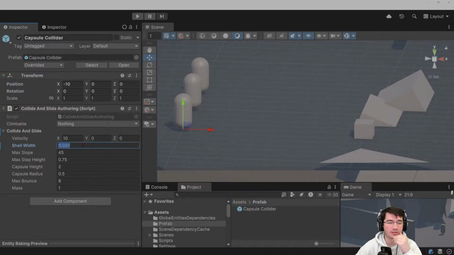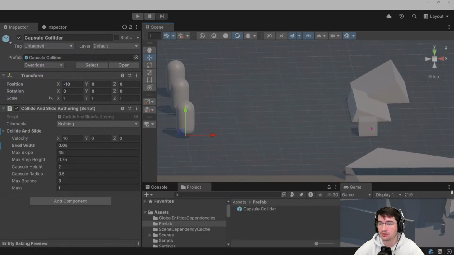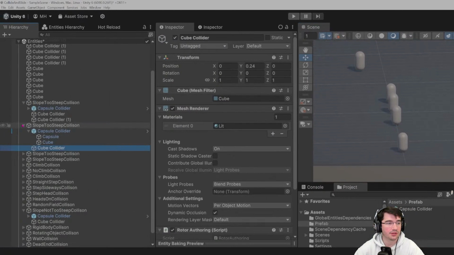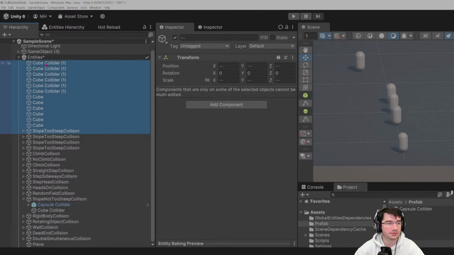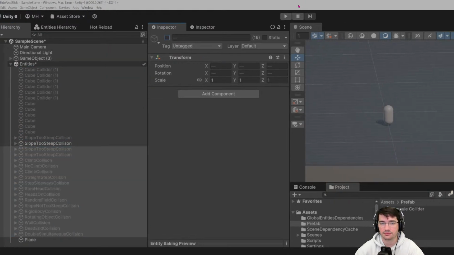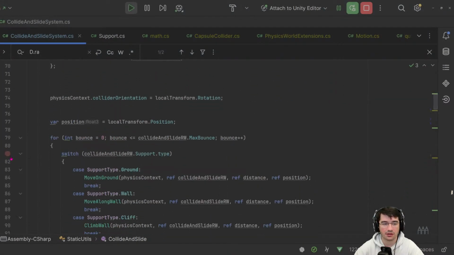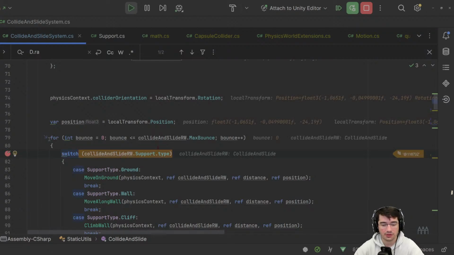I'm not colliding with this, in fact. Or if I am, I'm considering it as a wall. 0.5. So let's debug this case. This one, disable this, just have this one. I'm in that state and now I will be debugging it.